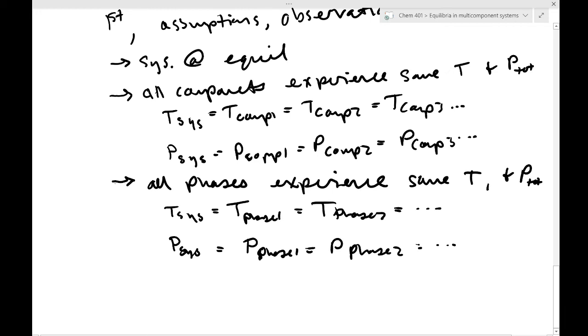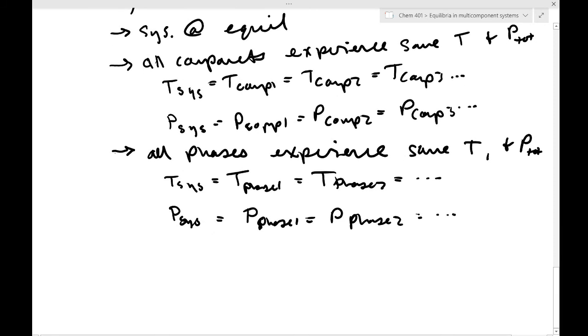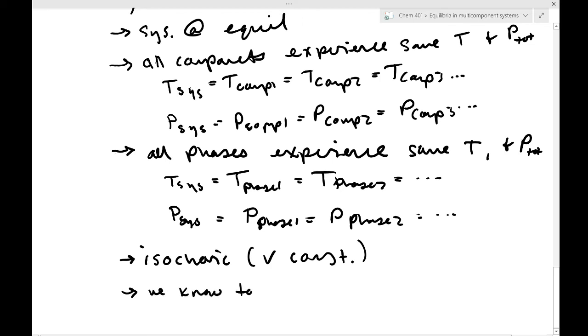In addition to this, we're also going to assume that the system is isochoric, meaning that the volume is constant. Okay? And we're also going to assume that we know the total number of moles. Okay?